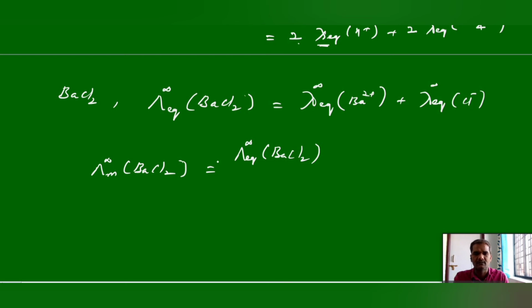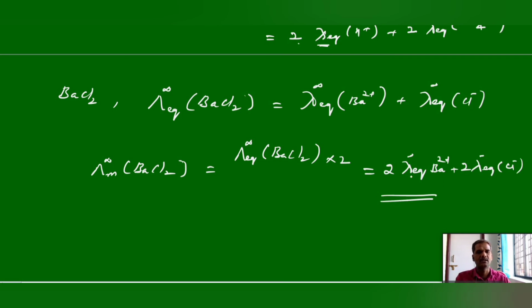But if we convert this into molar conductance of barium chloride, where ionic mobilities are given in terms of equivalents, then the formula becomes lambda equivalent of barium chloride into n factor. Here the n factor for barium chloride is 2. Again we can write 2 times lambda equivalent of barium 2 plus and 2 times lambda equivalent of Cl minus.